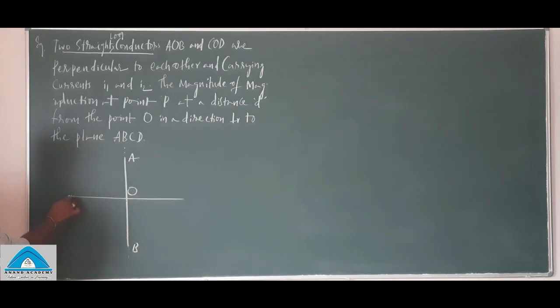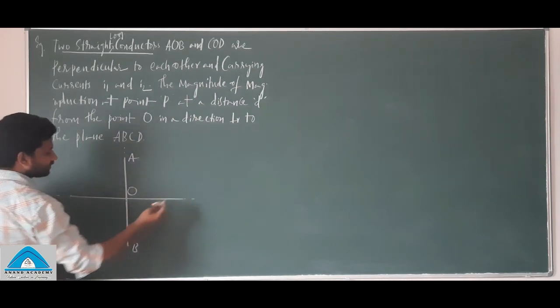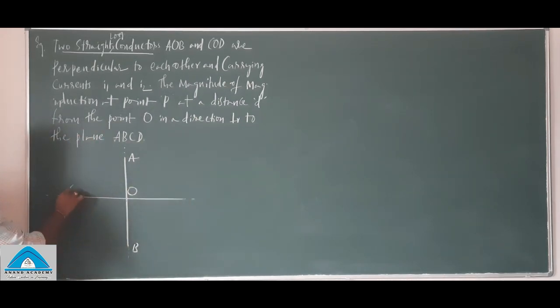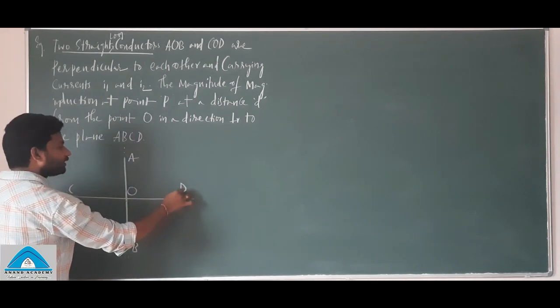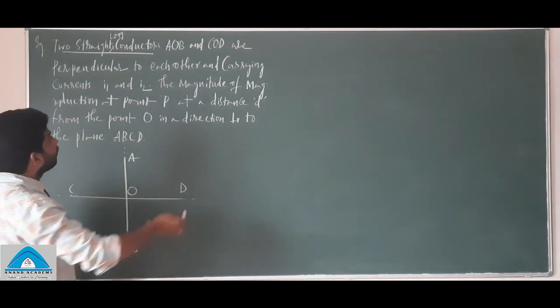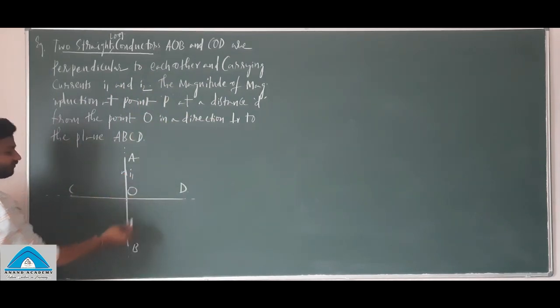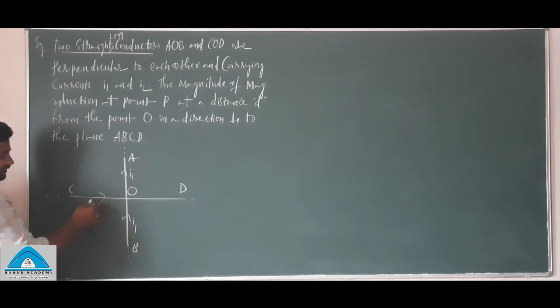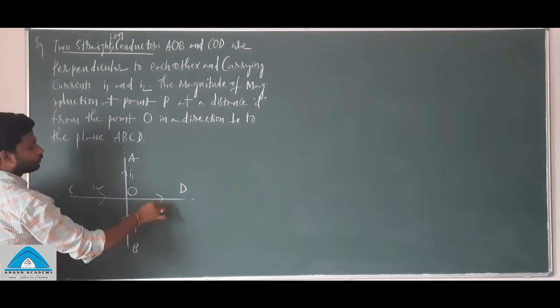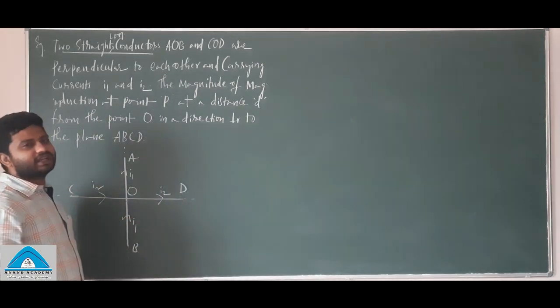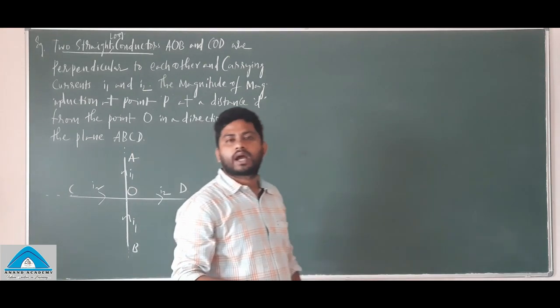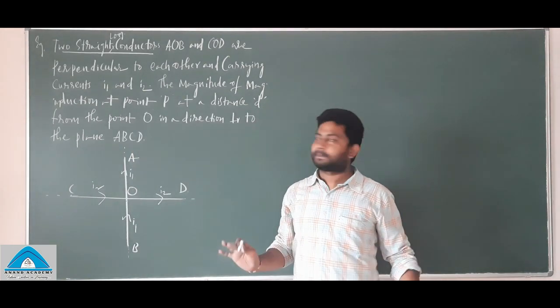This is perpendicular and this is infinite. They are carrying currents I1 and I2. So imagine this AB wire is carrying a current I1. This CD wire is carrying a current I2. Any direction you can take, left to right or right to left, up to down or down to up, anything.